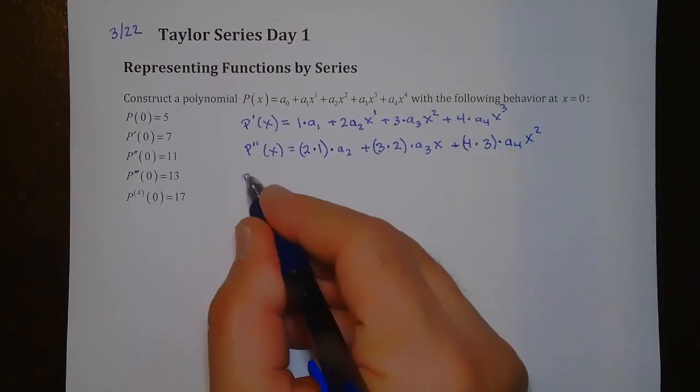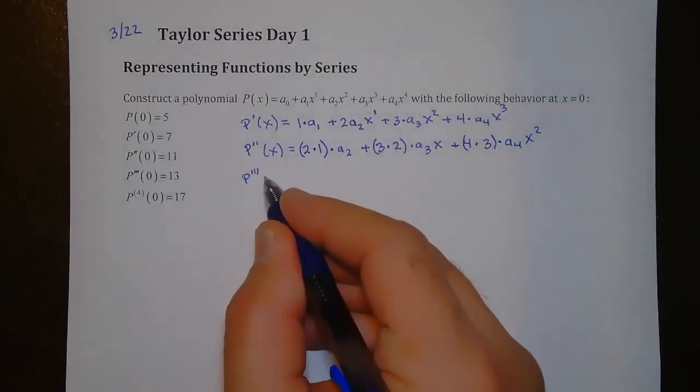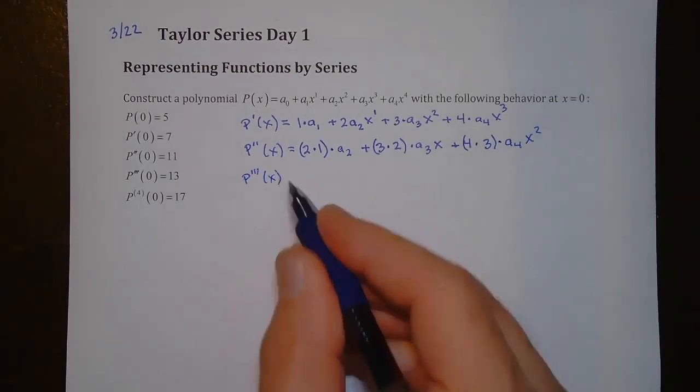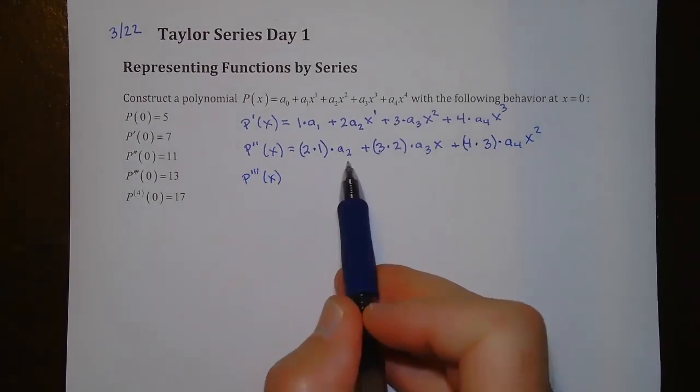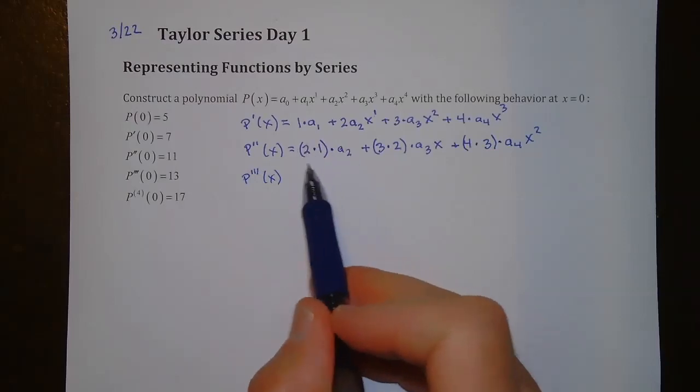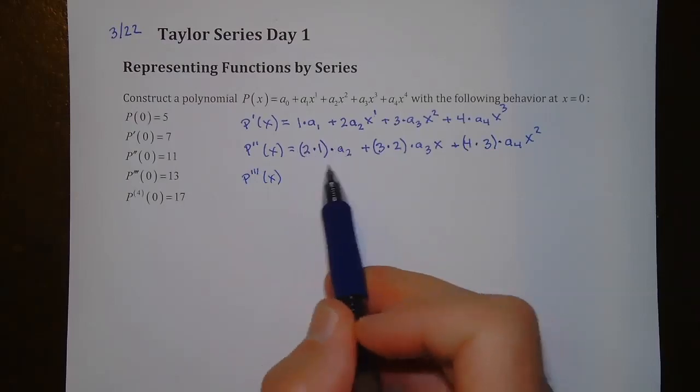Okay, the third derivative of x. Okay, this is going to drop out, and this is going to become 0, okay, when I take the derivative of it.